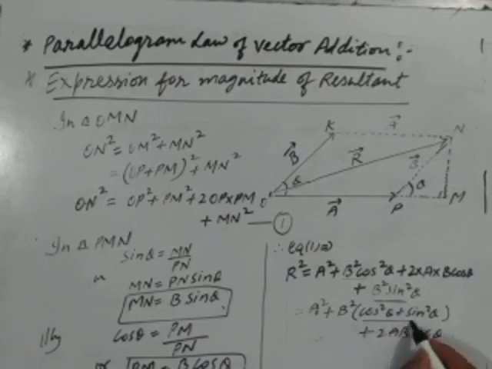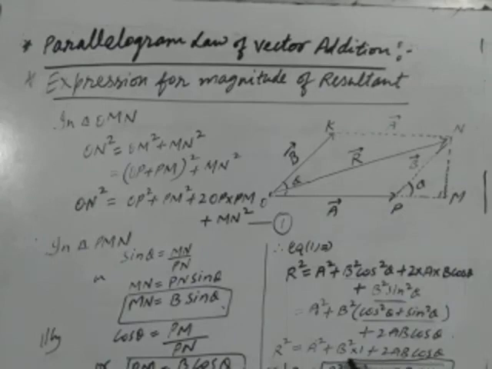But the value of this trigonometric relation cos square theta plus sine square theta is equivalent to 1. Therefore, the relation becomes r square equal to a square plus b square into 1 plus 2ab cos of theta, or we can write r equal to under the root a square plus b square plus 2ab cos of theta.